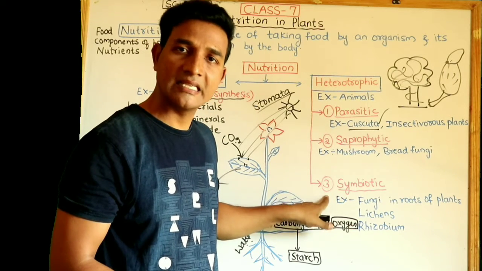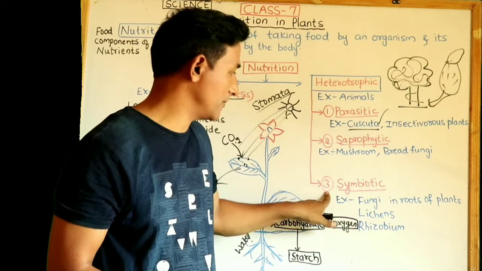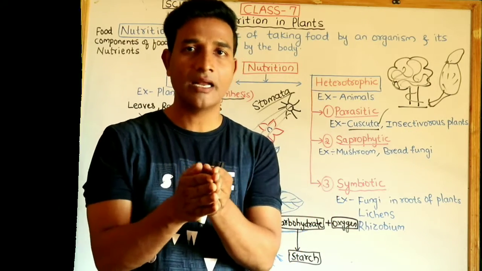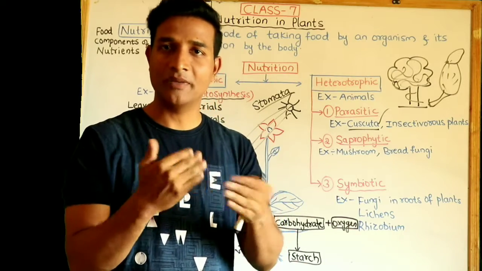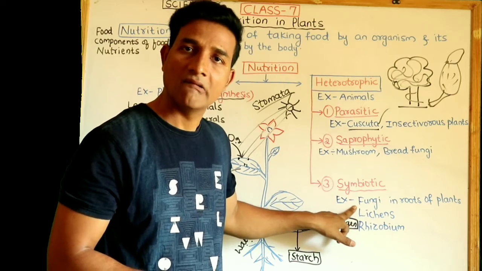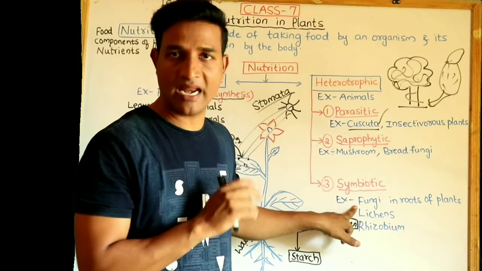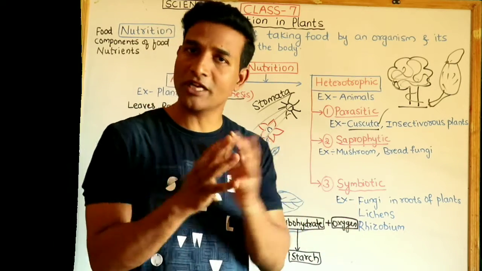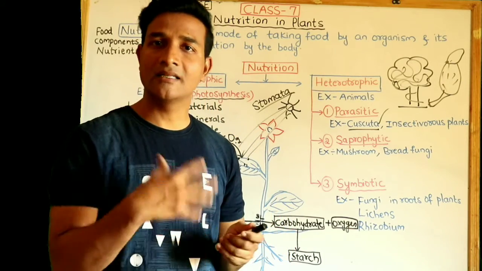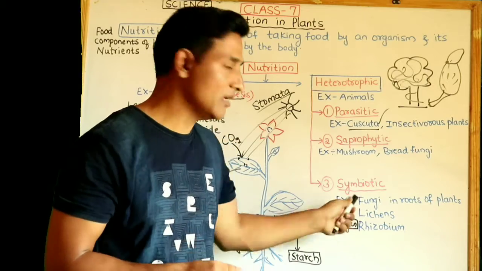Another one is symbiotic nutrition. Here two organisms live together and help each other in getting nutrition. Example, fungi live in the roots of higher plants. Fungi get protection and a place to live, and higher plants get water and minerals from the fungi.